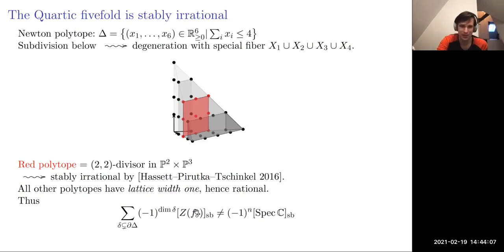And there's no way that you can cancel out something irrational by something rational in this ring of stable birational types. So the whole thing does not cancel out to the class of a point, and therefore we're done.